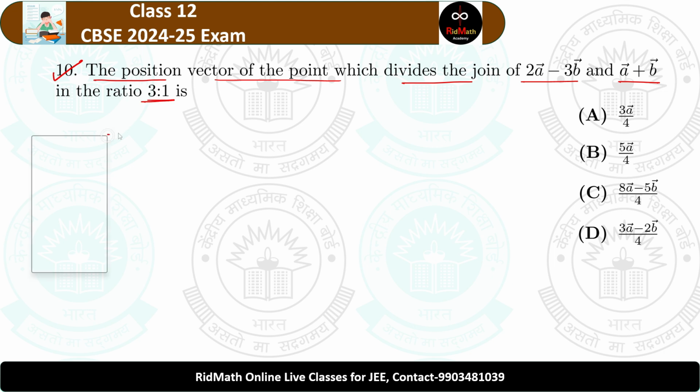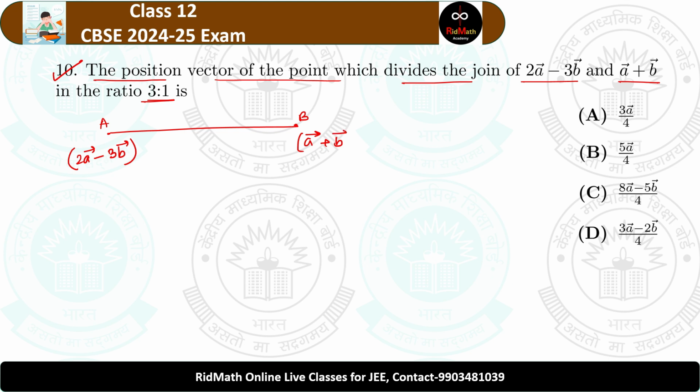So suppose this is point A and this is point B. So position vector of A point is 2a minus 3b, and for B point this is A vector plus B vector, and this is 3:1. So that means this vector will be, what is this vector?